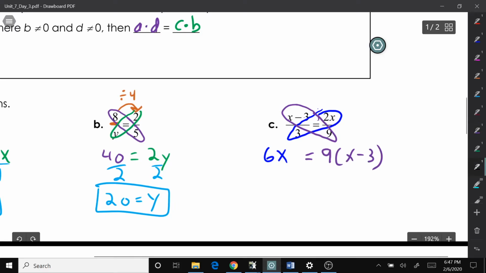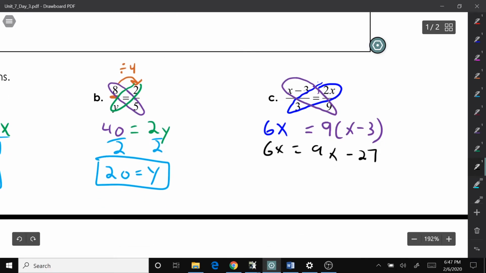You've got to multiply both things by 9. So we get 6x equals 9x minus 27. When we subtract 9x from both sides, we get negative 3x equals negative 27. And then we divide both sides by negative 3, and we get x equals 9 is our answer.